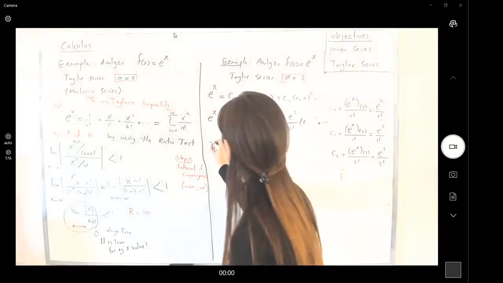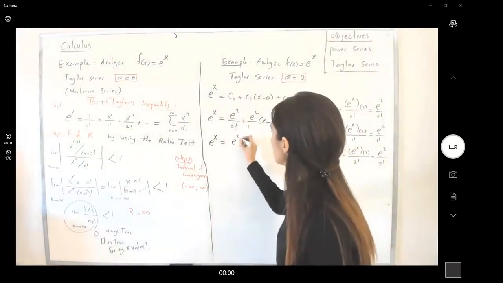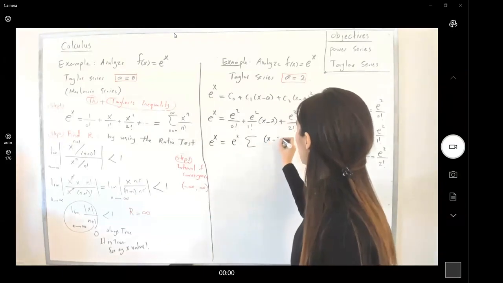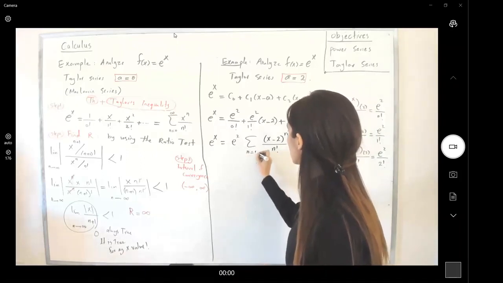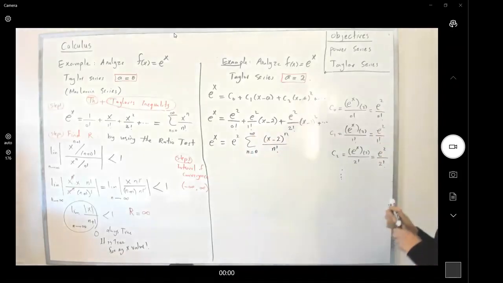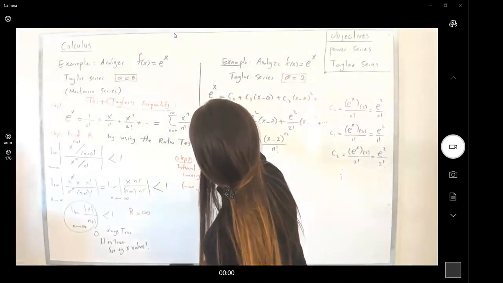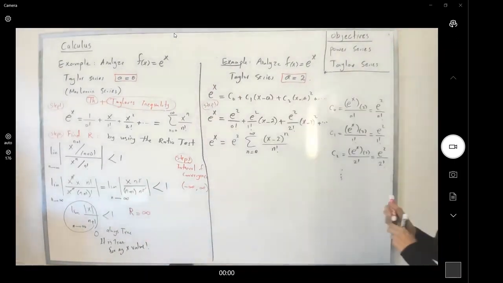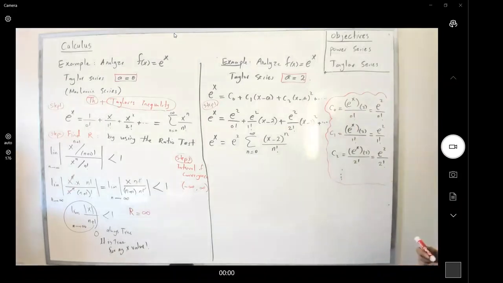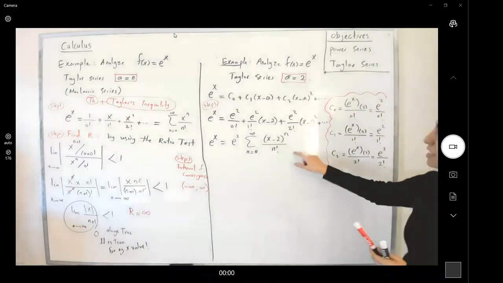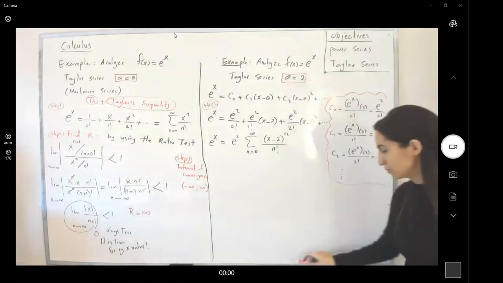Okay, we can write e to the x in compact form as e squared times the sum of x minus 2 to the power n over n factorial, n starts from 0 and goes to infinity. So this is step 1, and these are our c sub n values, the calculation, and here you have your Taylor's expansion at a equals 2. The center is 2.